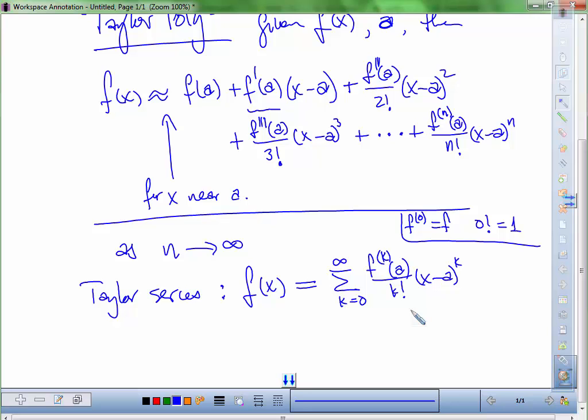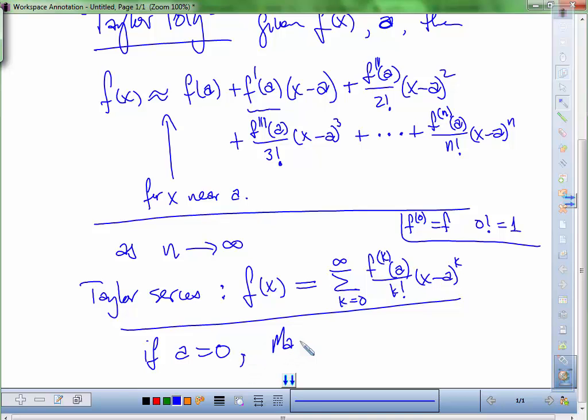We can try to imagine what the expansion might look like. By the way, if a is equal to 0, we call this a Maclaurin series. Oh, there's one more, by the way. This equal sign holds for some sort of interval around a.